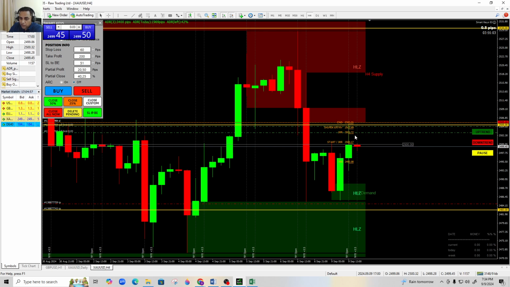Then after around 11 a.m. or after around 10:45 a.m. New York time, the price will continue to move down. And this is the current low of the day. The London low is the current low of the day. So price will continue to move down to that low and continue further down if we have that much volume.